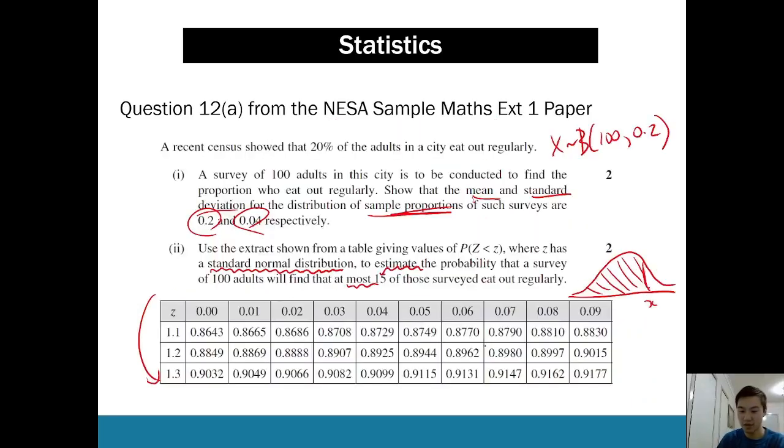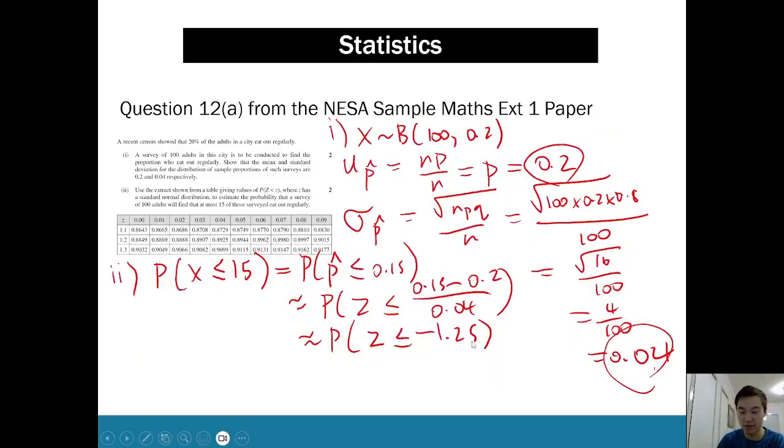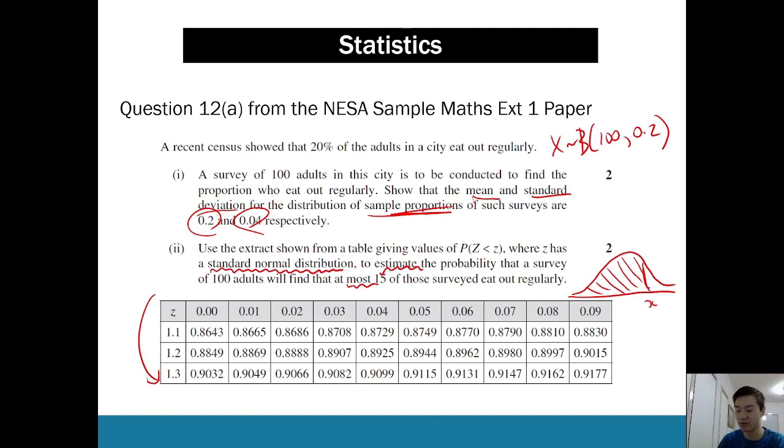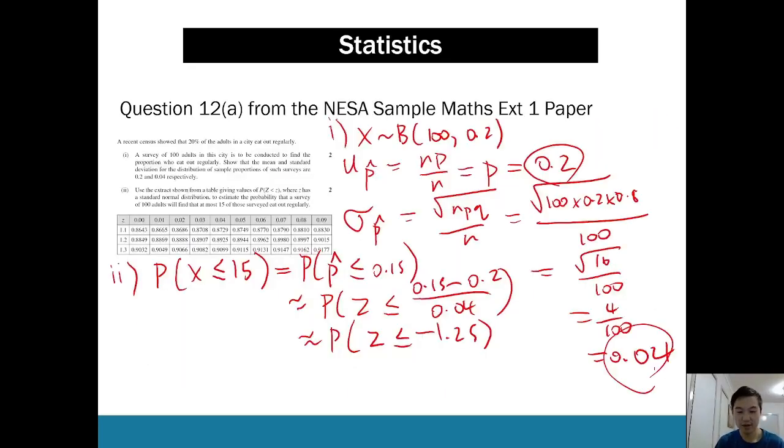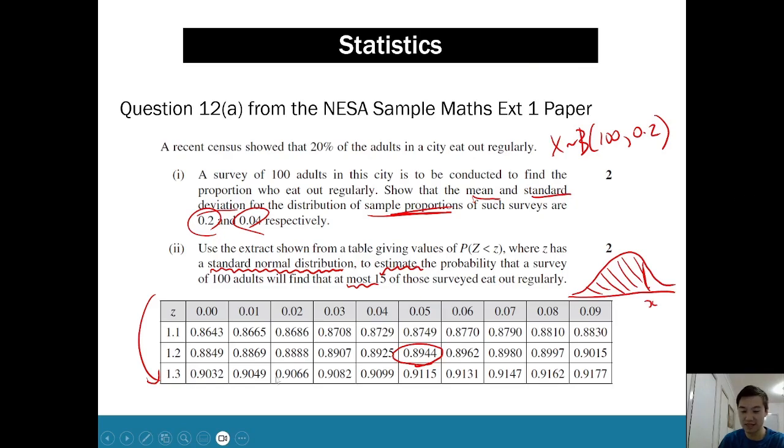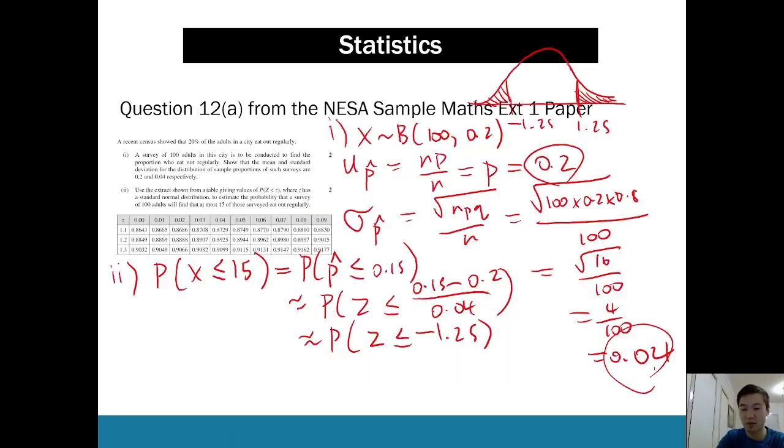1.25. So this is negative 1.25, but we don't have that here. We have positive 1.25 here, which is 0.8944. But remember, the normal distribution is symmetrical. So the area to the left of negative 1.25 is the same as the area to the right of positive 1.25. What the table gives us for 1.25 is all the area to the left of 1.25.